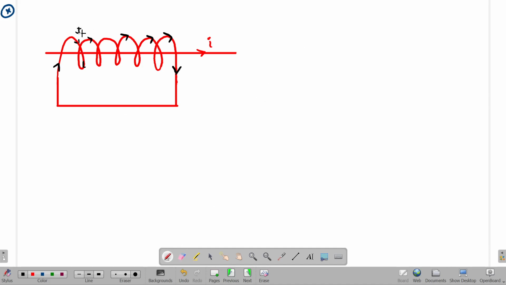One, two, three, four, and five. Is it clear? So there are a total of five closed loops. But there is also one big external closed loop. So there are how many? Six. Are you able to get me or not?